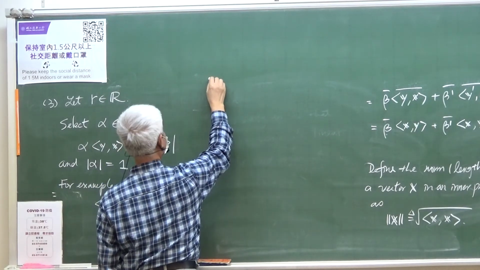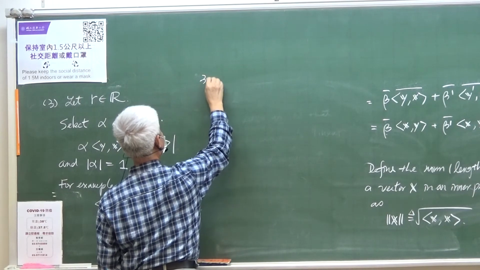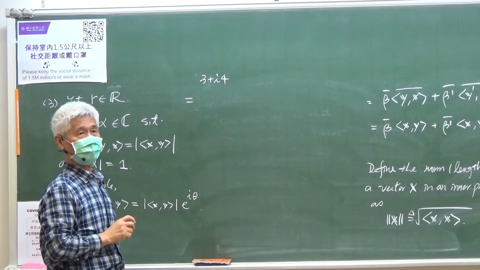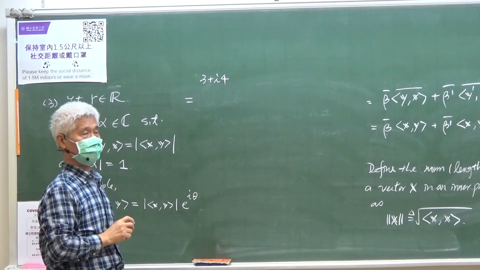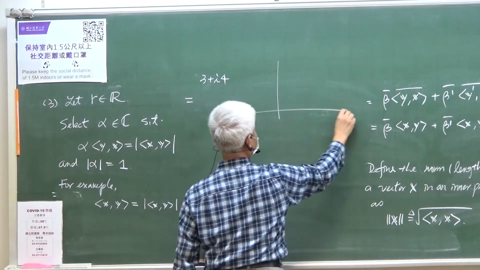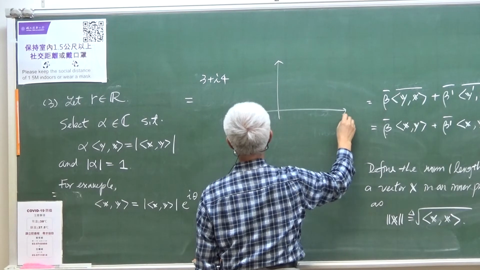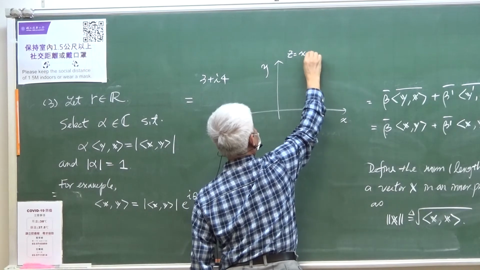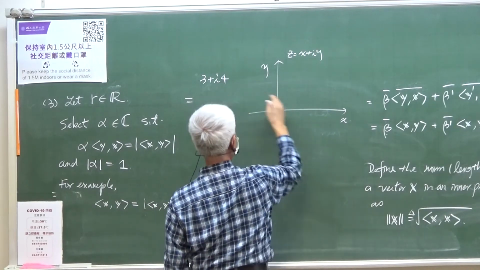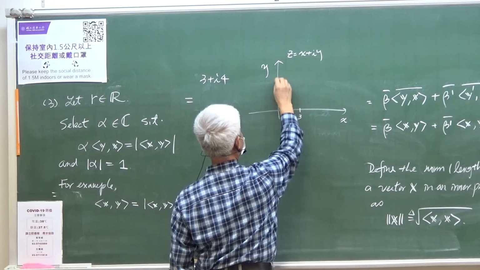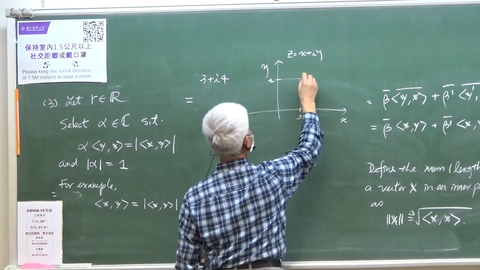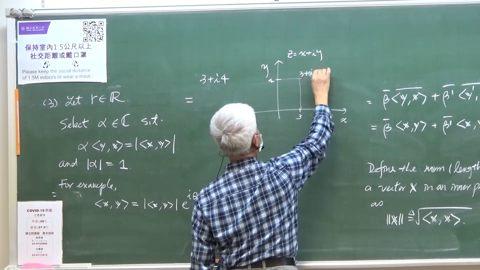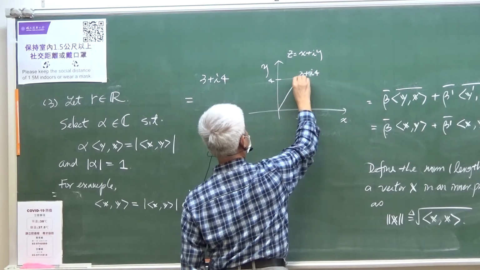A complex number, say 3 plus i4. So what is the magnitude? In the complex set, the real part is 3 and the imaginary part is 4.